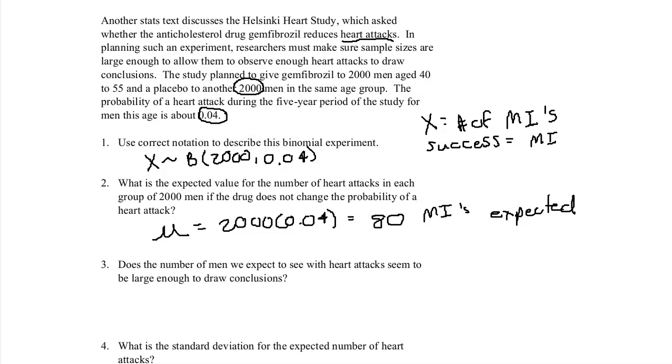Does the number of men we expect to see with heart attacks seem to be large enough to draw conclusions? If you are expecting to see 80 people in each group, that should be enough that you can tell if the drug's doing anything. You should get a significantly lower number. So yes, 80 people is enough to compare how many heart attacks in each group.